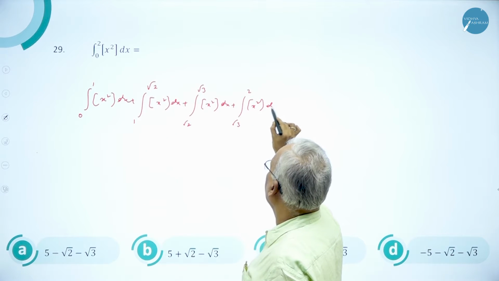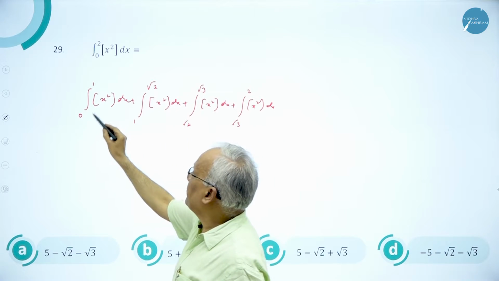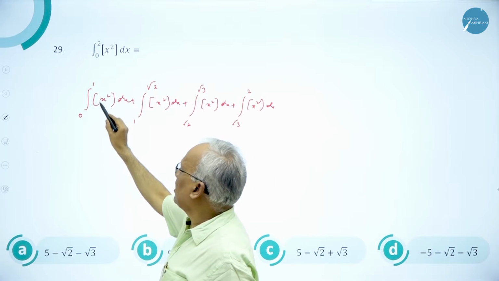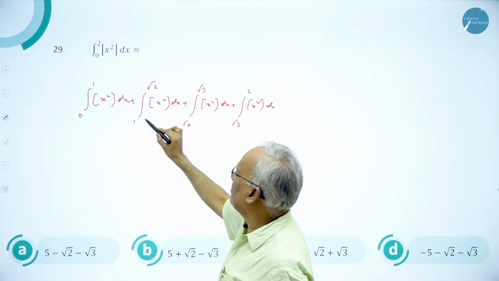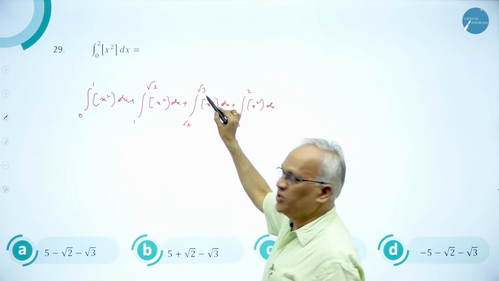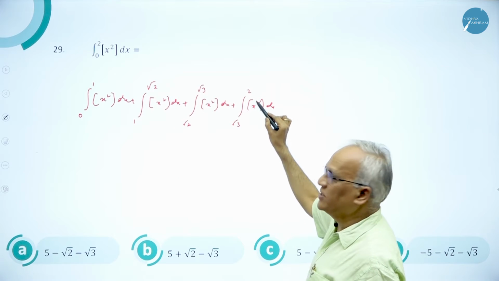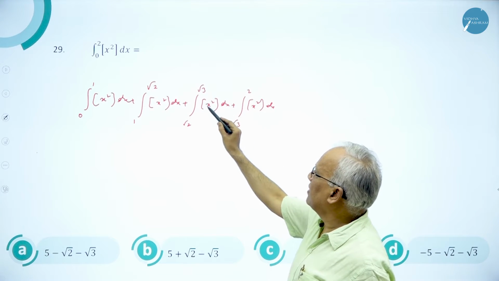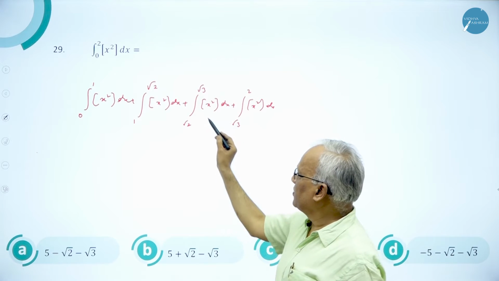So you must understand why we split the integral into the 4 terms, because between 0 and 1 the square is always between 0 and 1. Between 1 and root 2 the square of x is always between 1 and 2. Between root 2 and root 3 this x squared lies between 2 and 3, and between root 3 and 2 the square is between 3 and 4. So you must see that it always lies between two successive integers. Then only you can give the value.